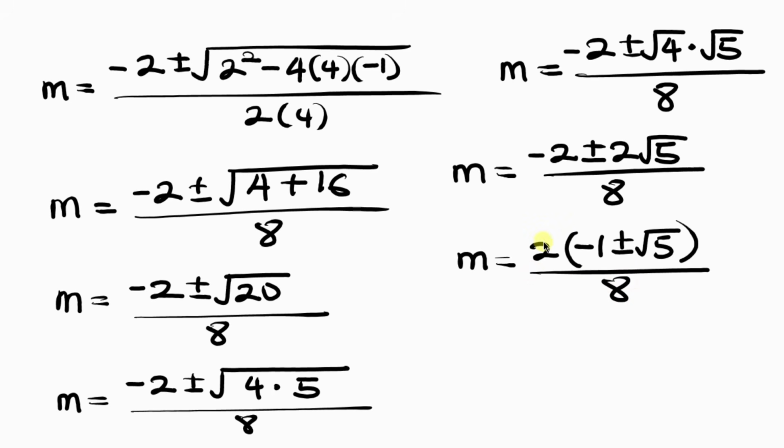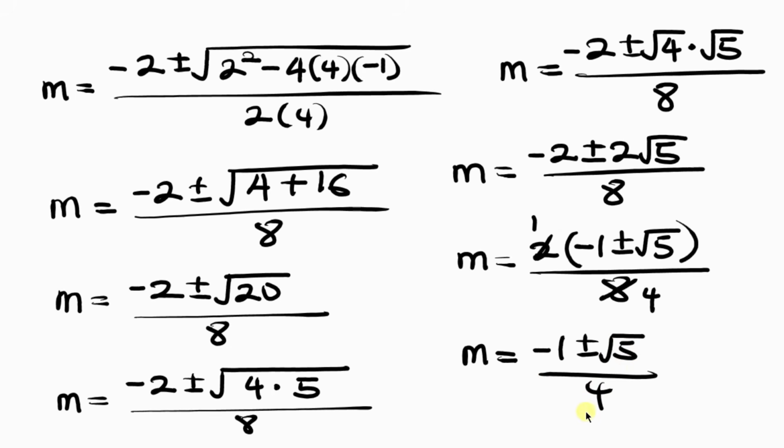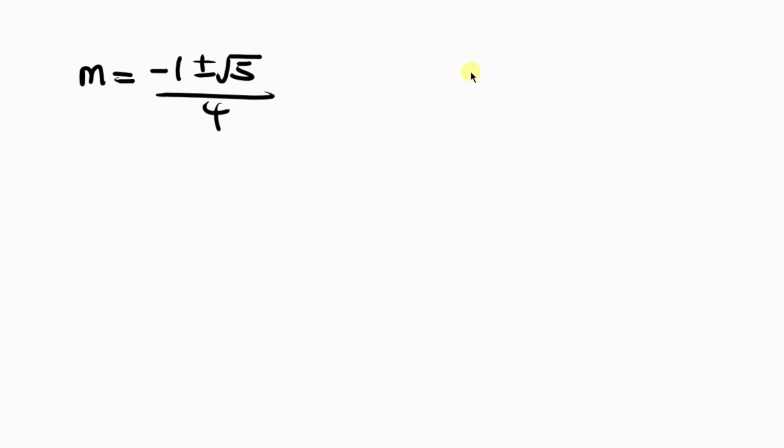Now notice that 2 divides 2, and 2 divides 8 to give 4. So the value of m will be negative 1 plus or minus the square root of 5 all over 4. Very good. Now we can separate these two values. But remember, we've got the first value for m to be negative half.